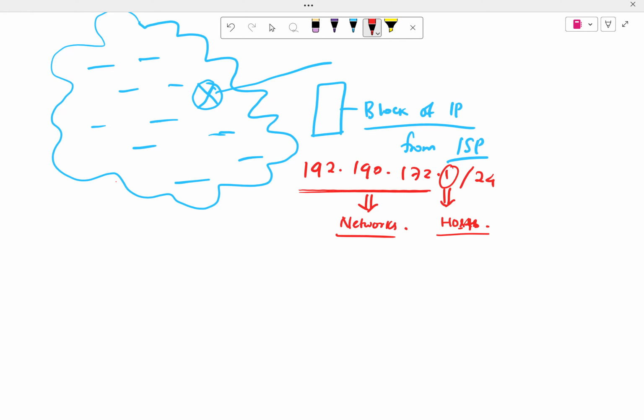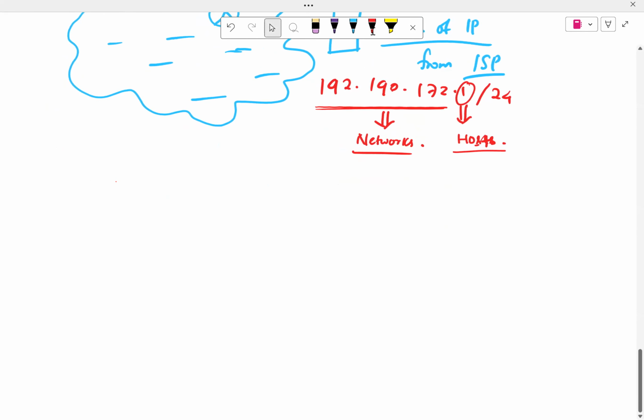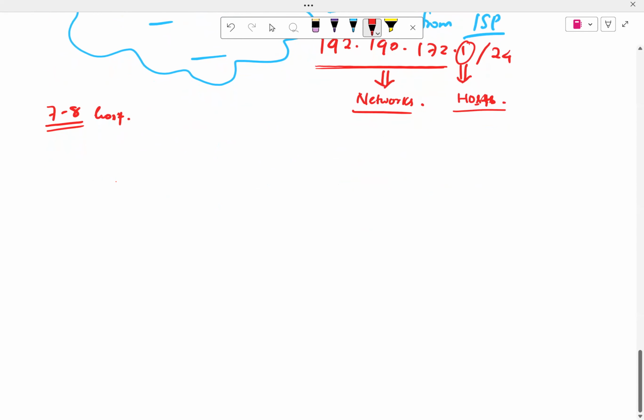If you're getting your IP addresses for your home, you don't need a lot of hosts, right? You'll have a maximum of 7 to 8 hosts, like a computer or smartphone. So you need around 7 or 8 IP addresses.